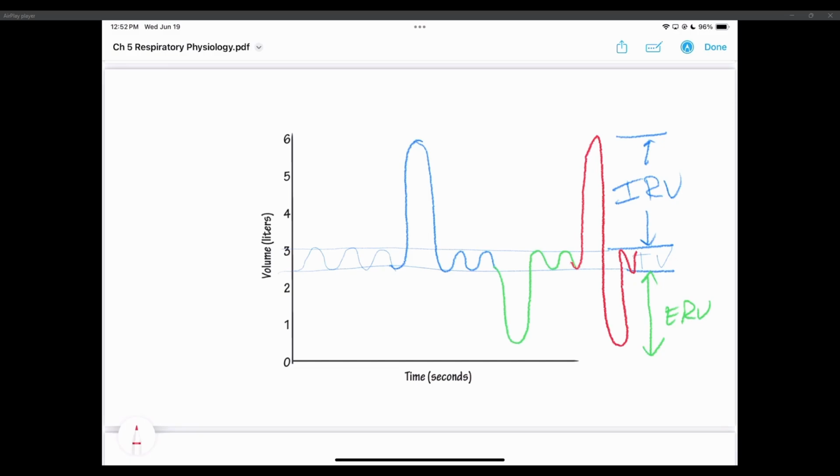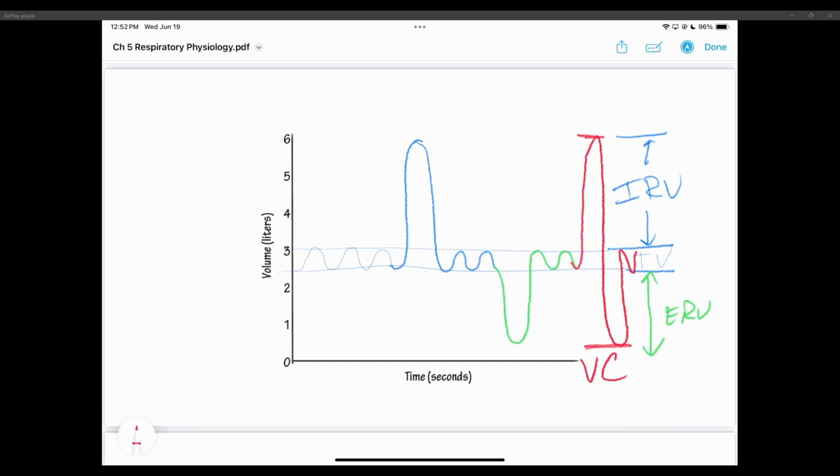This segment, the red, is called our vital capacity. What does vital mean? Life. This is the amount of air we can breathe in and out of our lungs at max capacity, all the way in, all the way out. This is the total amount of air that we have for exchange.